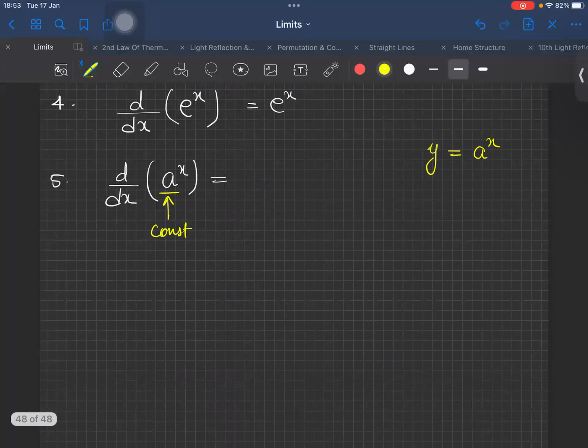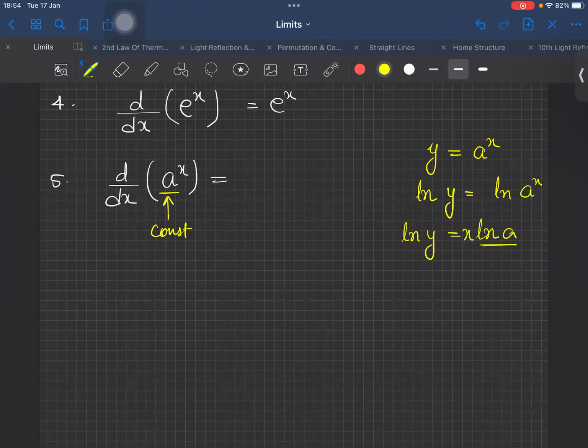Now here a is constant and x is the independent variable. Can you take natural log both sides? So natural log of y is equal to x into natural log of a.